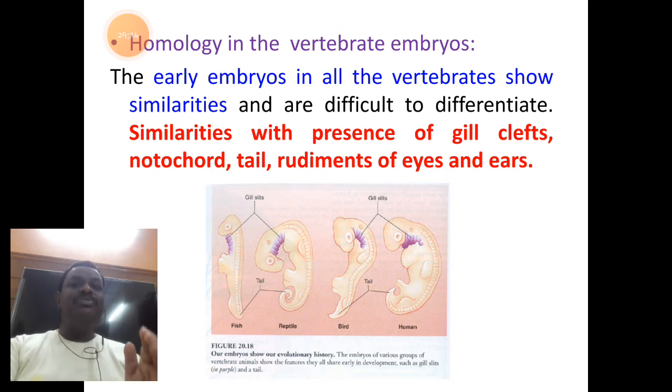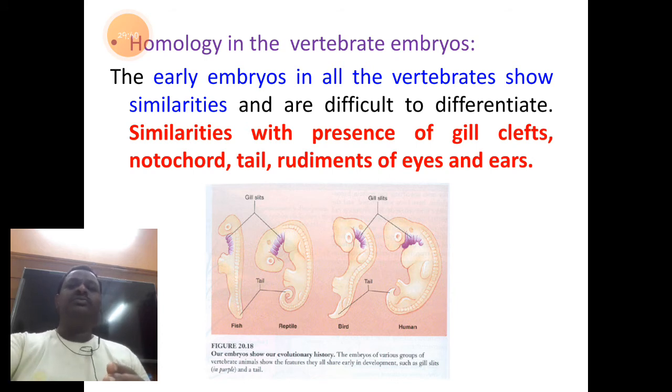So this process assesses the embryological evidences of the concept of organic evolution.